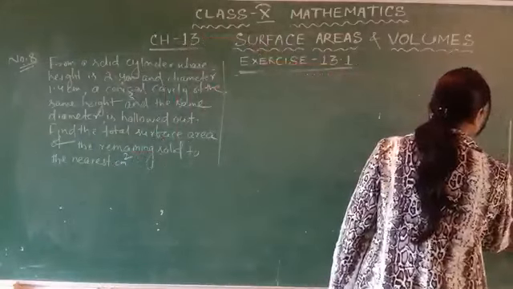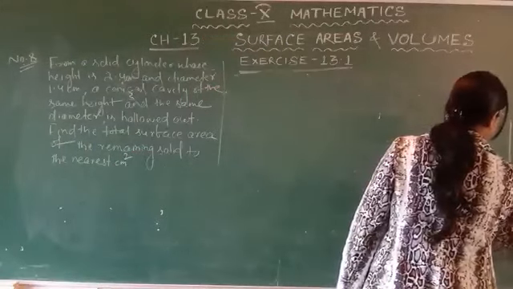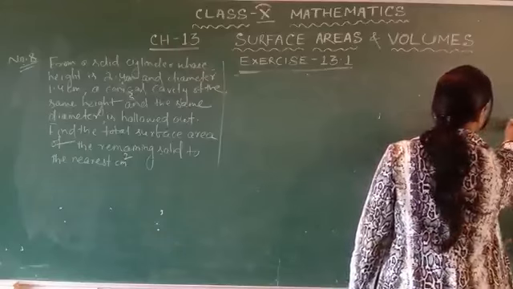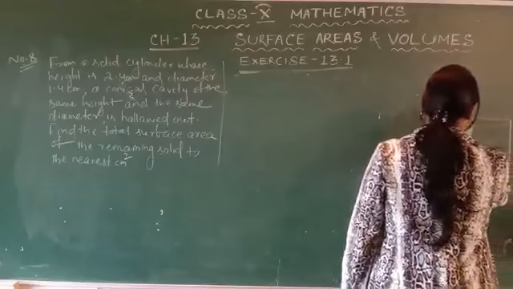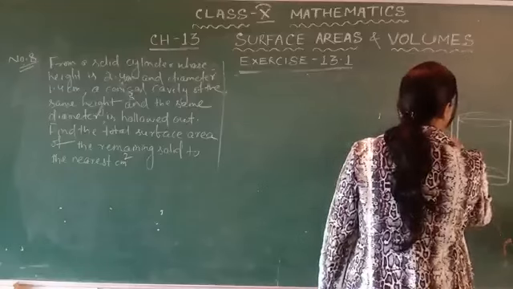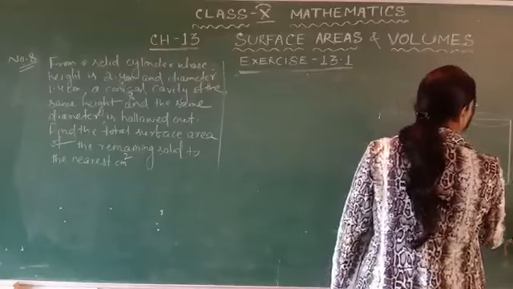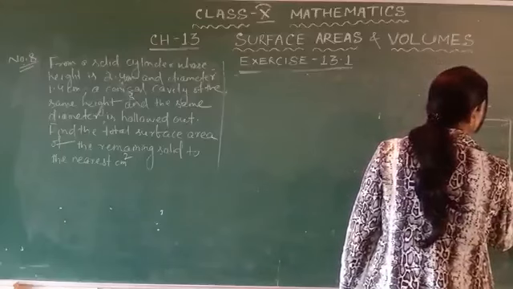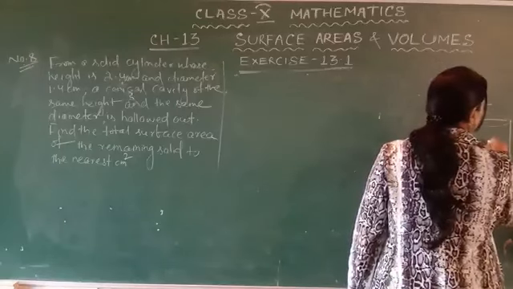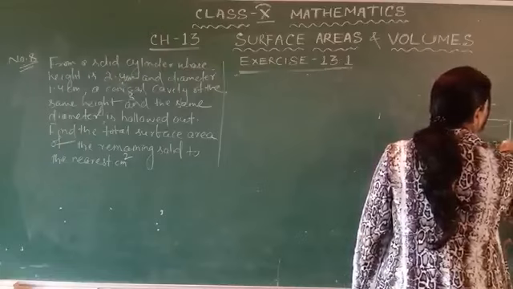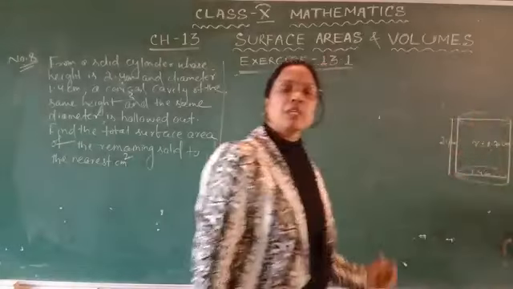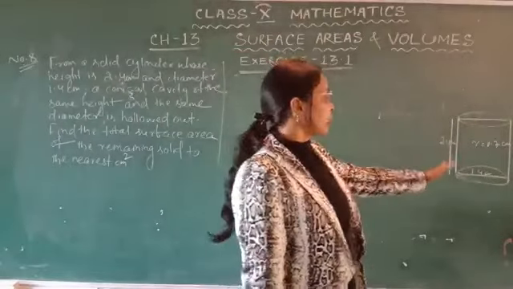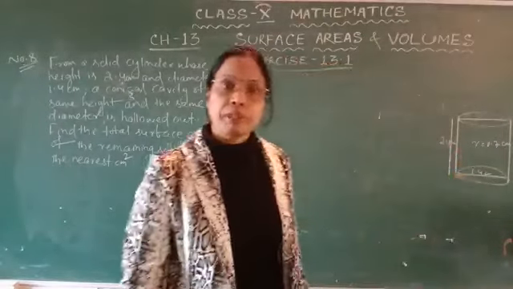So the radius is equal to 0.7 centimeter. So the height of the solid is 2.4 centimeter and the radius is 0.7 centimeter.